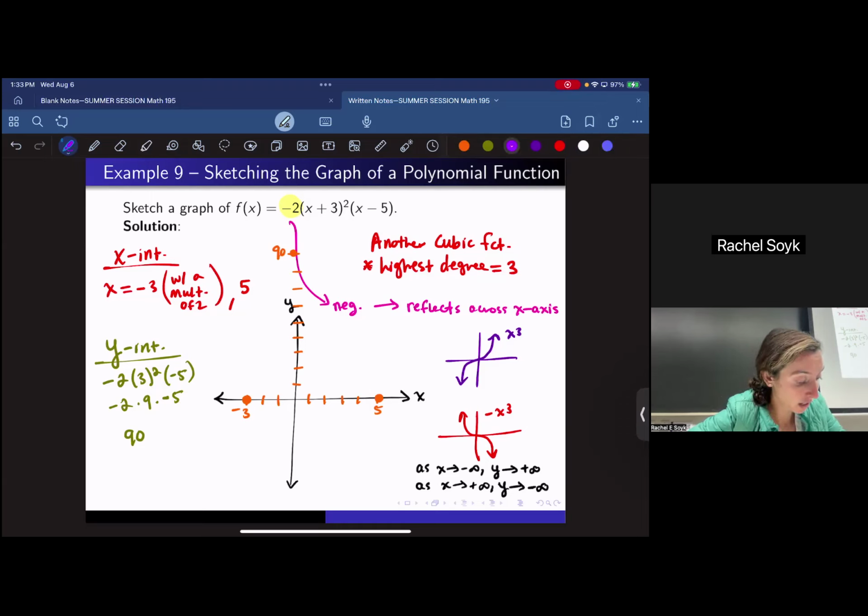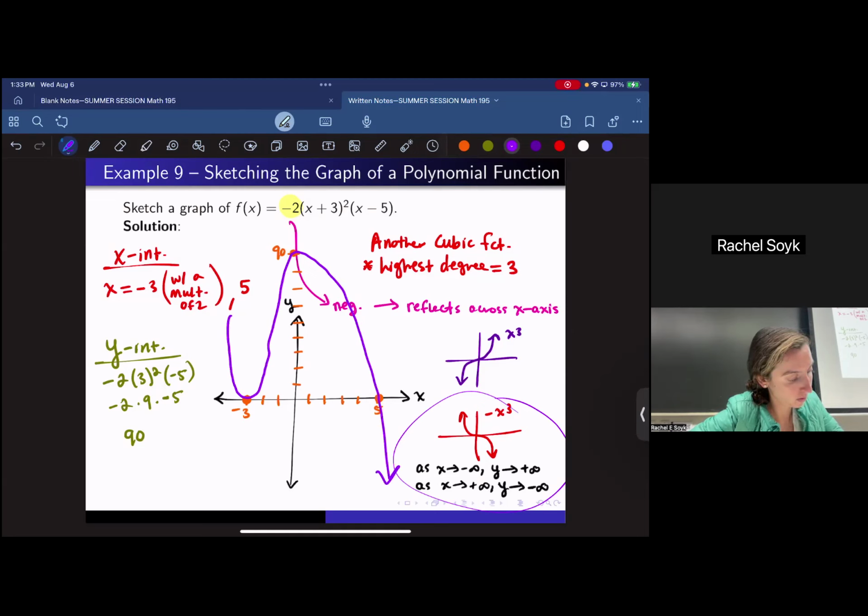So again, our end behavior is gonna look like what I have circled down in purple. So we're gonna end up with something like this. We have bounces off here. That's our first hump. And then this is our second hump.